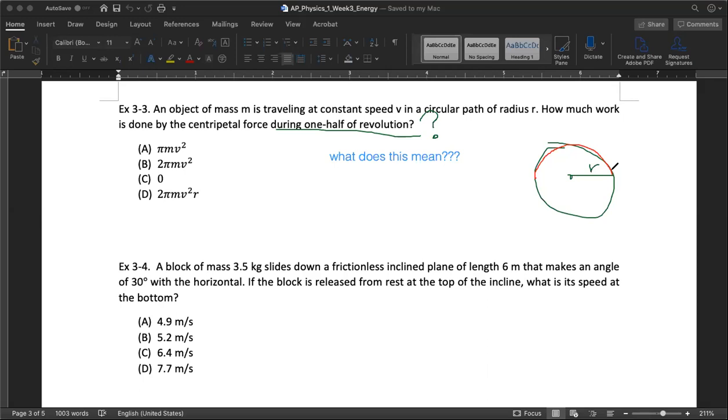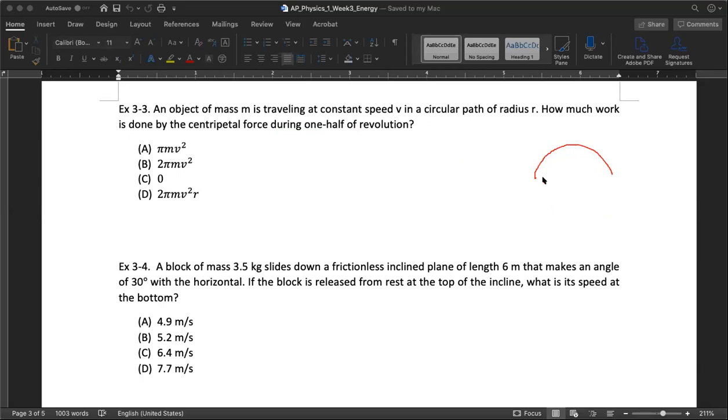Yeah, so first question, what's your answer? A, wrong. Sorry, it's definitely not A. Yeah, someone got it. Henry, good. C, 0, why? How much work does the centripetal force do?